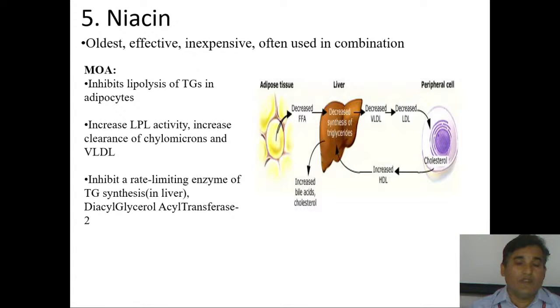Ultimately, when synthesis is inhibited in the liver, triglyceride concentration and VLDL secretion decrease. Peripheral lipoprotein lipase activity increases, VLDL level decreases, and ultimately it lowers the plasma level of fatty acids and also inhibits lipolysis in adipose tissue.